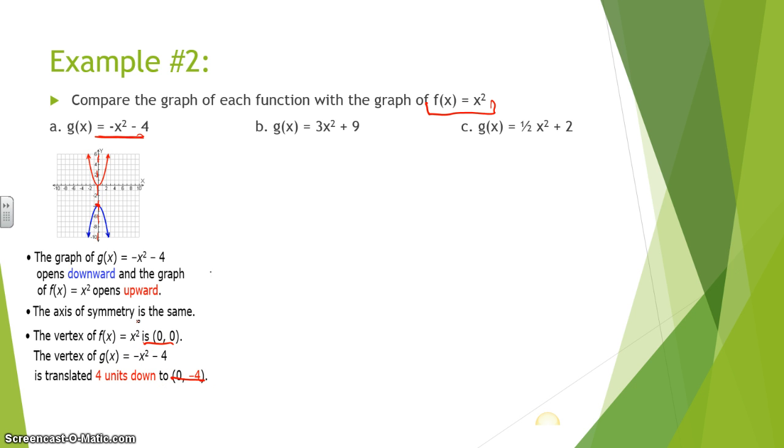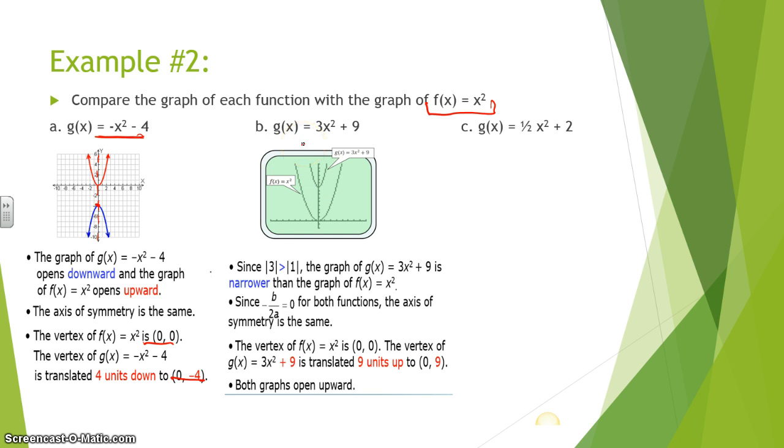Looking at g of x, 3x squared plus 9. Here's my different graphs. So notice my 3x squared plus 9 is much narrower than my x squared. So what can we compare about this? Since 3 is greater than 1, the graph g of x is going to be narrower than f of x.